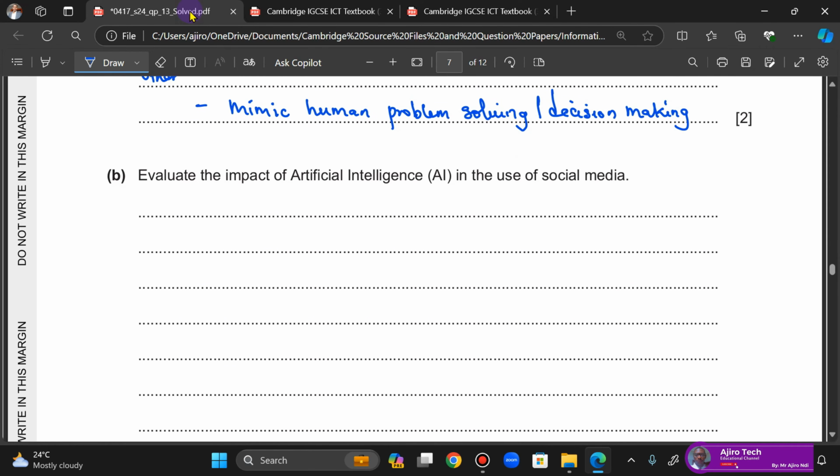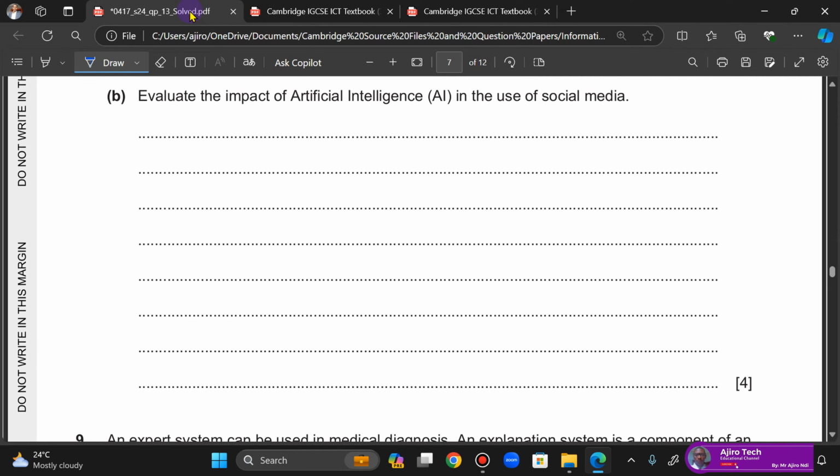Evaluate the impact of artificial intelligence in the use of social media. So let's evaluate the impact of it. Okay. So one of the things I want to talk about now, every social media has AI.